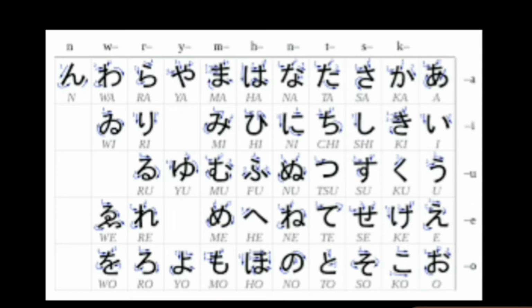Then this second vertical line is of the K sound. Now we have seen that on the right hand side the first column is of vowels. So we are going to learn those vowels first today. One by one I will tell you and you try to follow the stroke order, because I have already told you that the stroke order of writing Japanese scripts is very important.